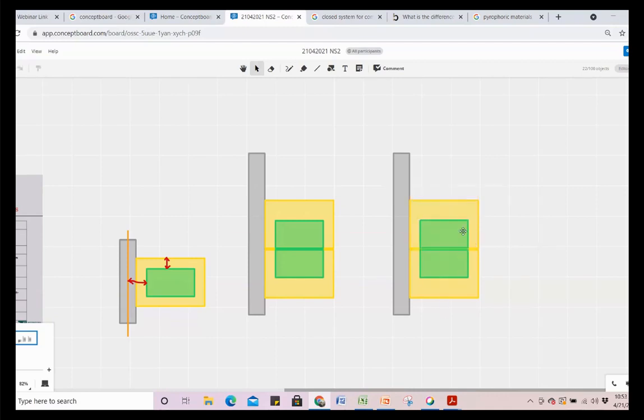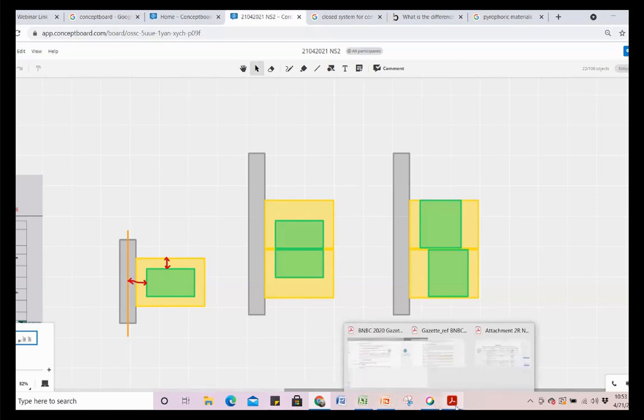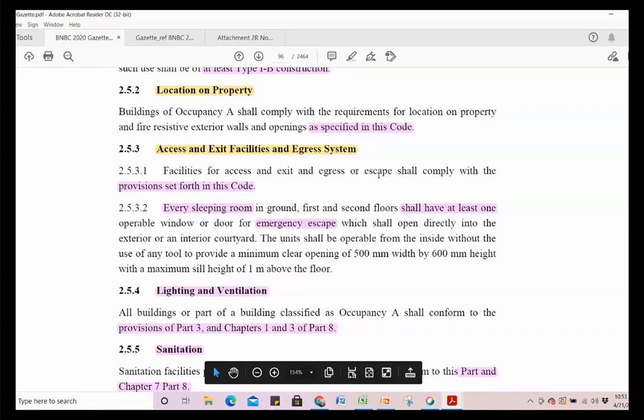So the location will be another situation. And if it is for row house type, then the location will vary accordingly. So that is the basic understanding. However, it is determined by setback rules and fire separation rules. So from that part, we can have this general idea of location of building in the property.